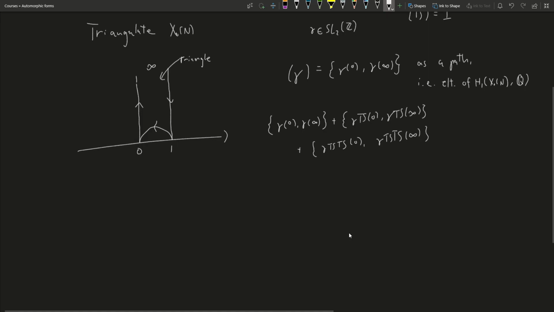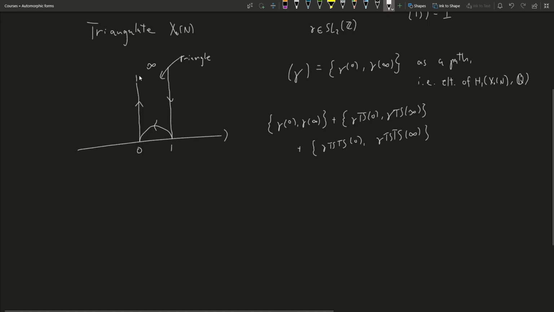The other thing that we need to know is that if we think about this going in the other direction, this is basically like saying S, right? This is going from infinity to 0. So what we'll have is that the sum of these three things equals 0, because we're going around this triangle, and this triangle is contractible.